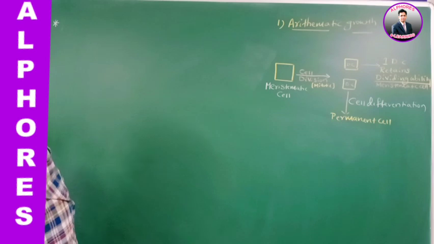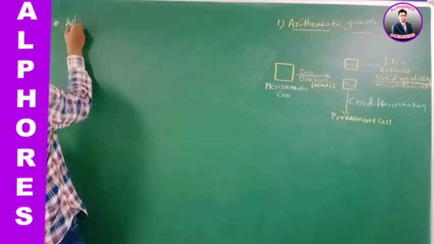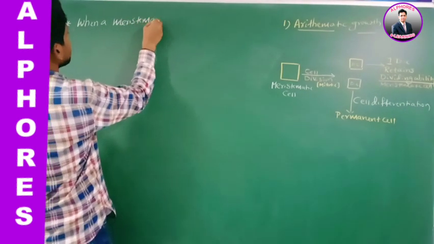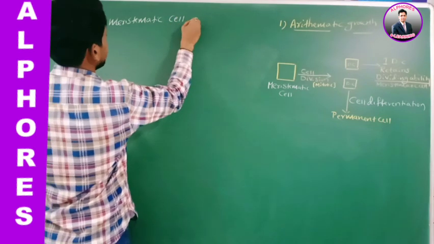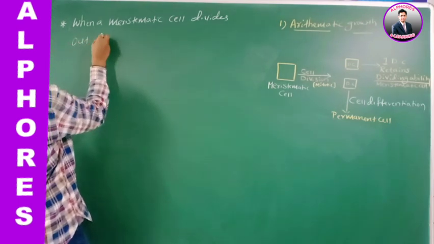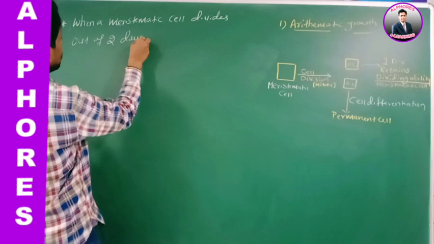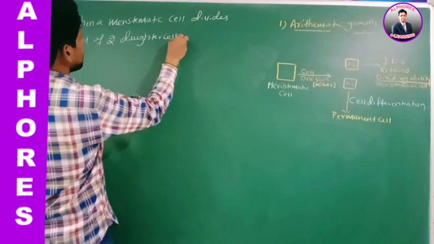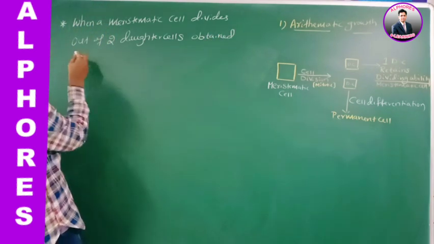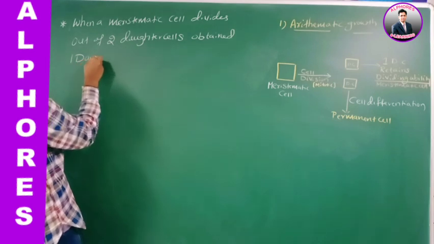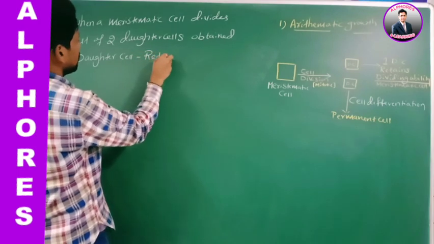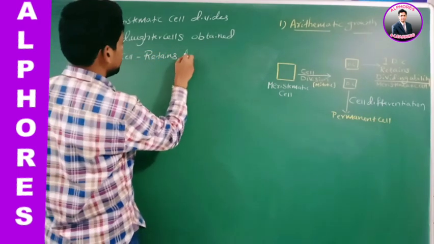In arithmetic growth, what happens? When a meristematic cell divides, out of the two daughter cells obtained, one daughter cell retains dividing ability.